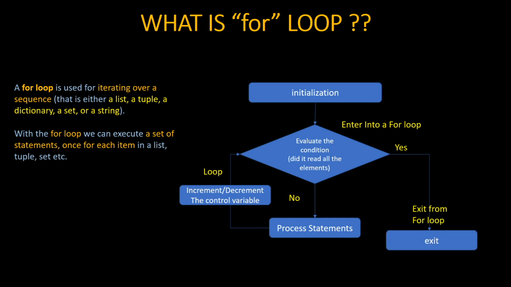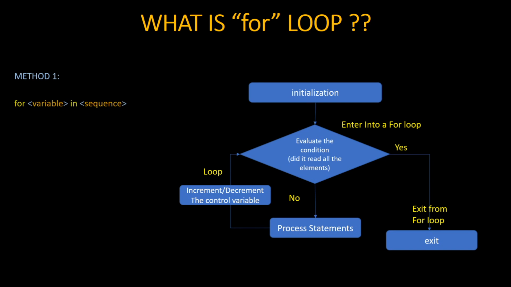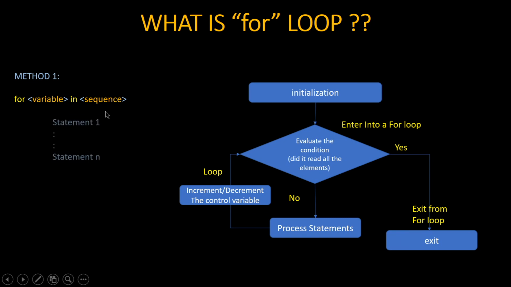So in for loop we have two methods. The syntax of the first method is this. The syntax says for, and we have a variable, then we have our in, and then we have our sequence, and then we have our block of statements.